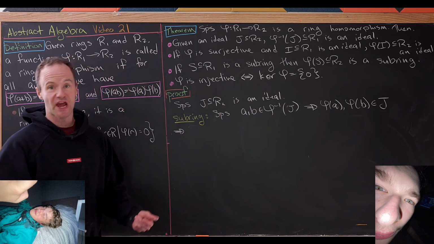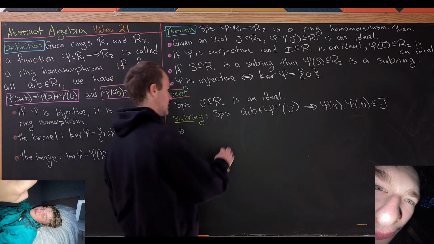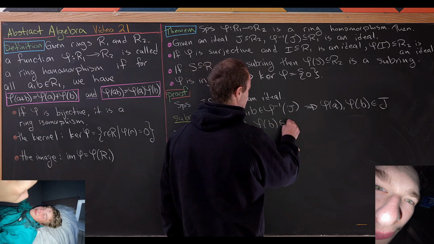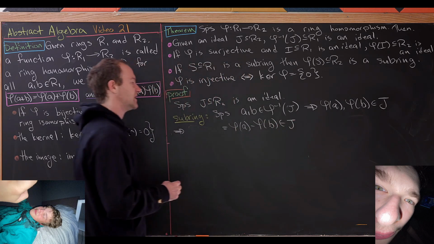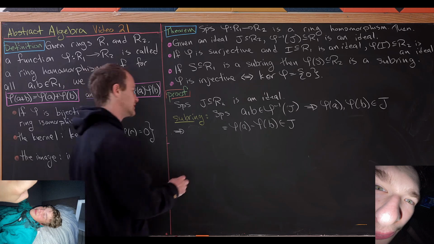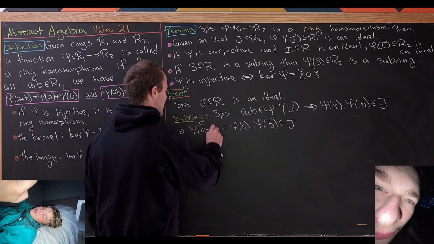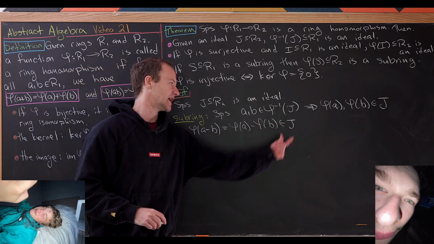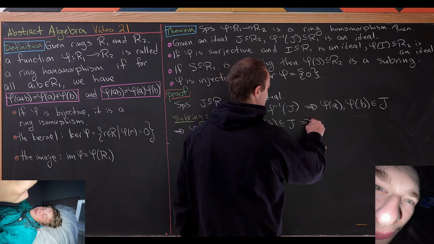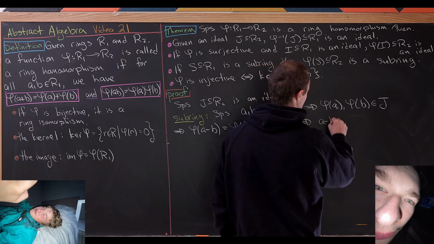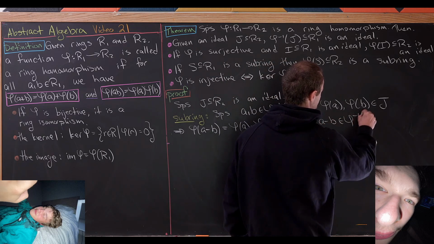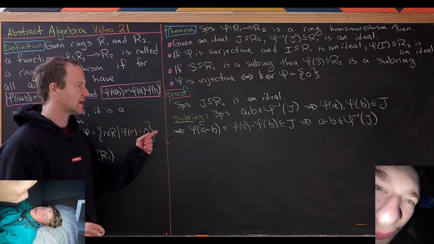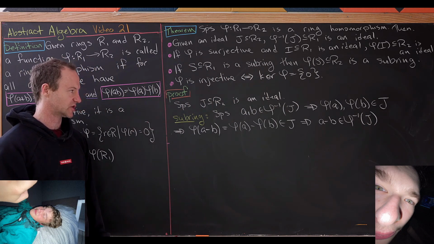But now, since J is an ideal, it's a subring, so phi of A minus phi of B is inside of J. But then since phi is a ring homomorphism, we can smush those together, leaving us with phi of A minus B. So phi of A minus B is inside of J, but that means that A minus B is inside of the pre-image of J. Okay, so that means that the pre-image is closed under subtraction.